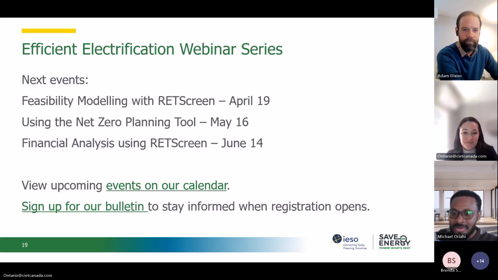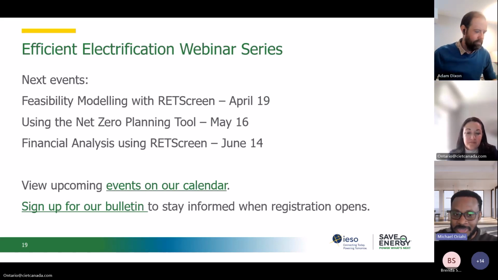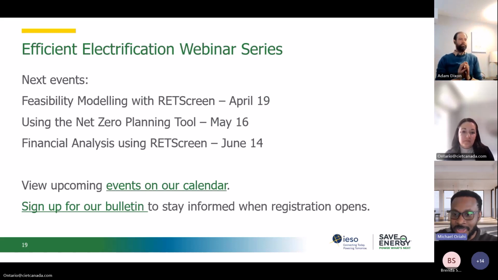Hey, Michael. Just a quick comment for Brenda. So we do offer, I think, 50% incentives for RedScreen training, and there are various trainings, right? There's the basic, the advanced, and I think for those we offer about 50%, and then of course there's the RedScreen expert training as well, which we do provide incentives for.